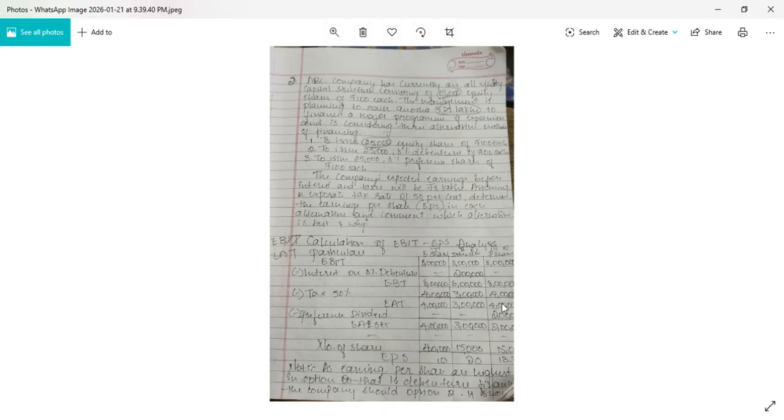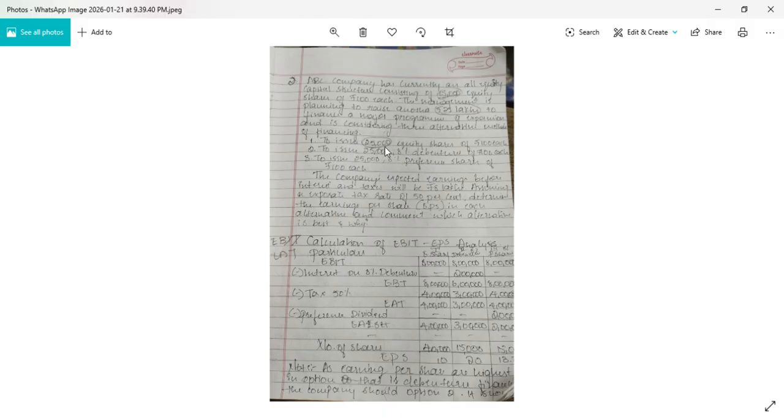In the last third alternative, 4 lakh, we have EAT, earnings after tax, but we have preference shares in third alternative, so it comes to 2 lakh on 25 lakhs. We are calculating 8%.